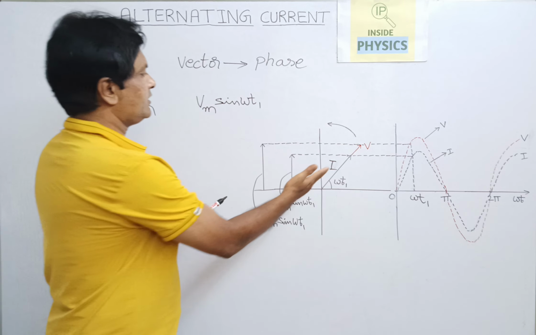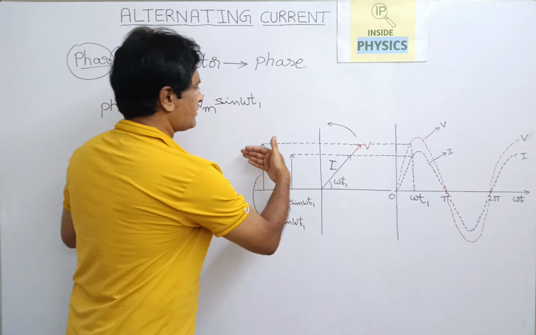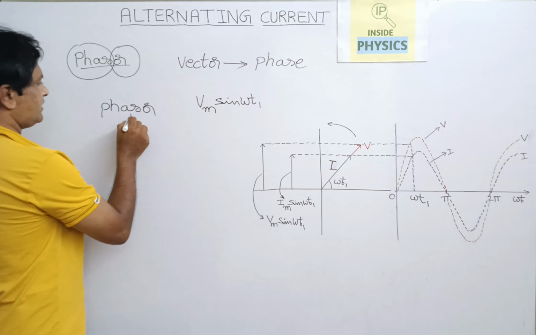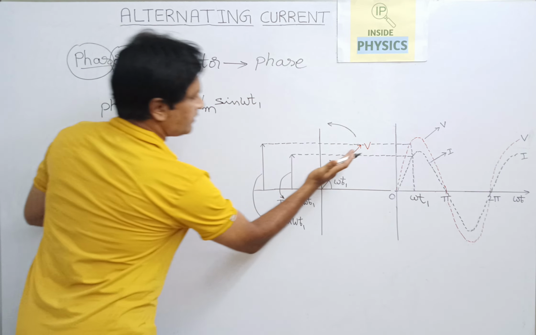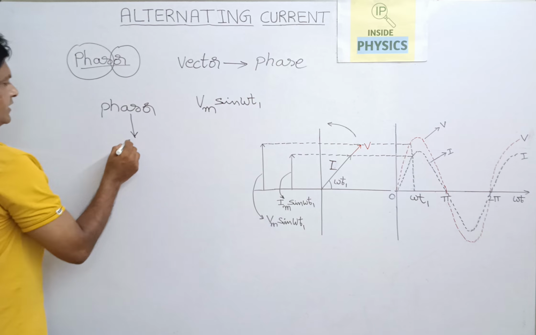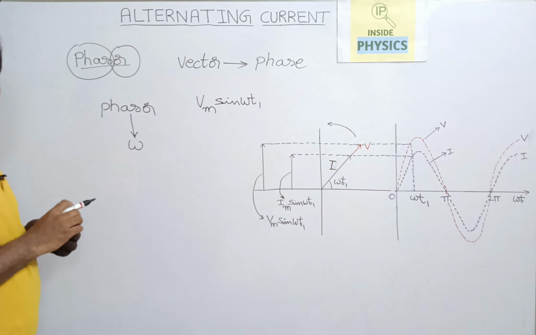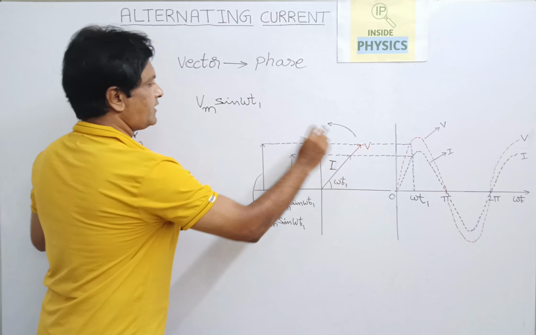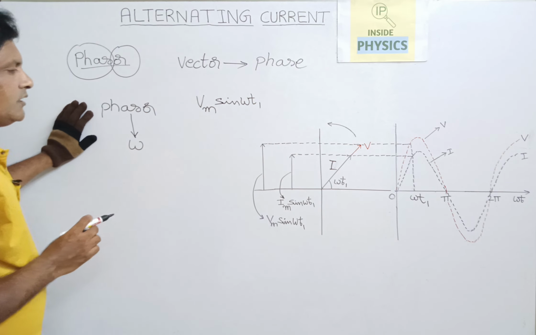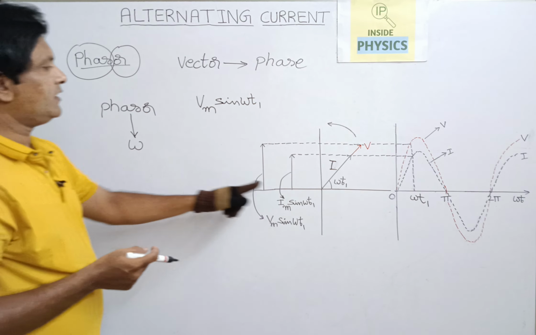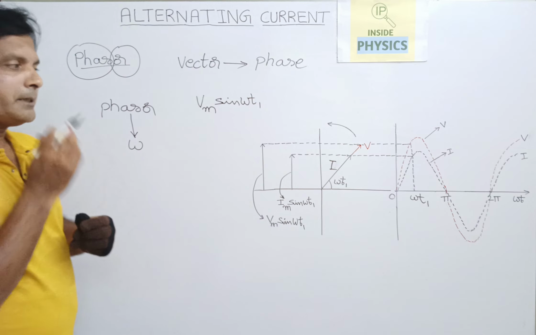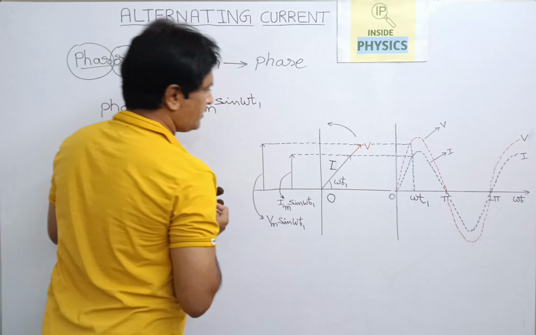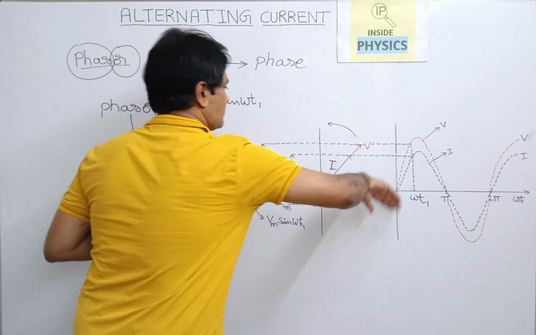Whenever this is a rotating vector, it rotates with an angular frequency. A phasor rotates at an angular frequency omega, and I have shown this in an anti-clockwise direction. It rotates about the origin.